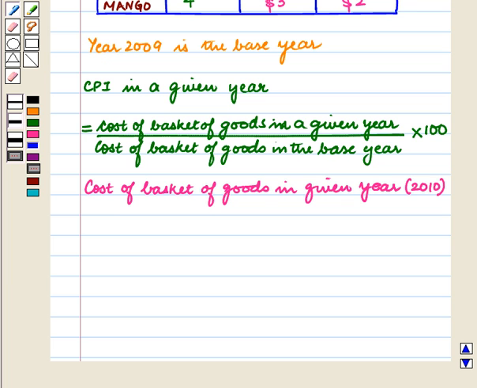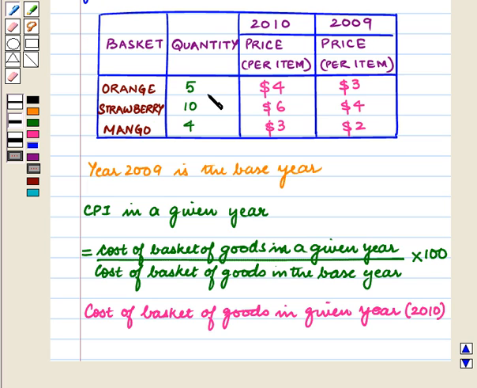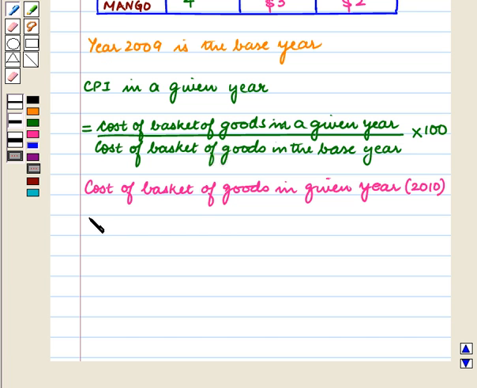Let us first see how to find cost of basket of goods in the given year, which is 2010. Here in the table we see that the quantity of orange is 5 and its price is $4 in the year 2010. So, cost of oranges will be equal to $4 into 5, which is equal to $20.